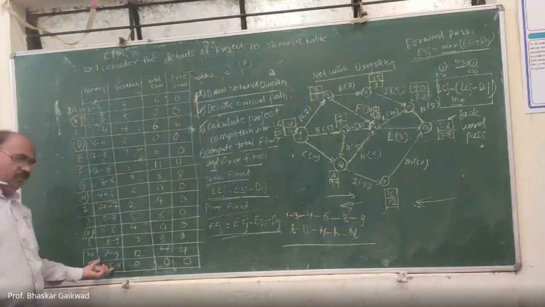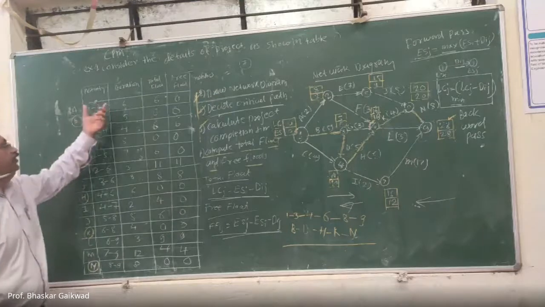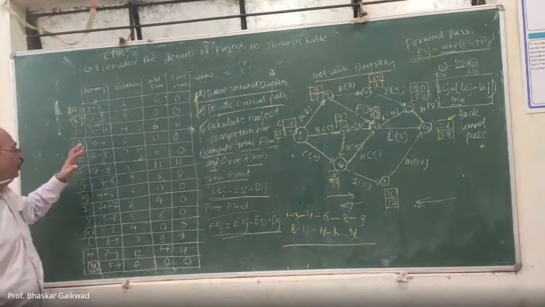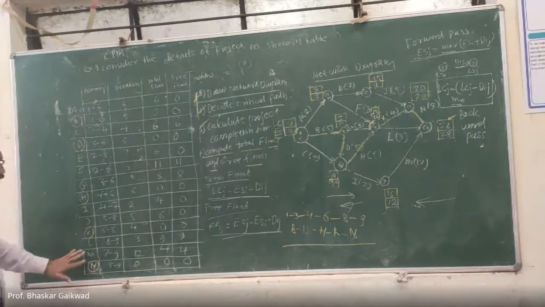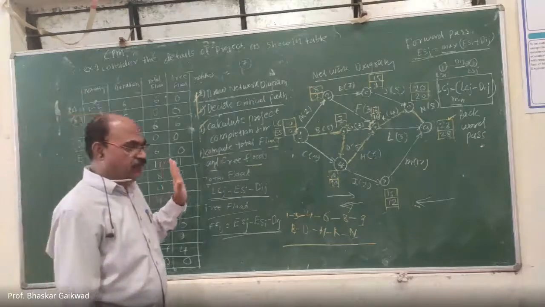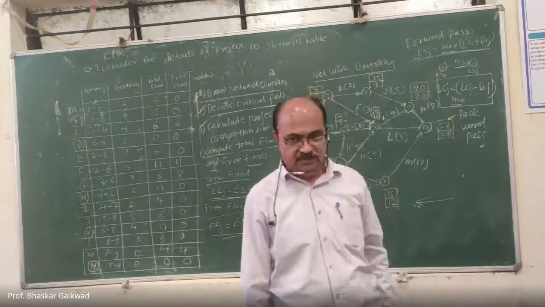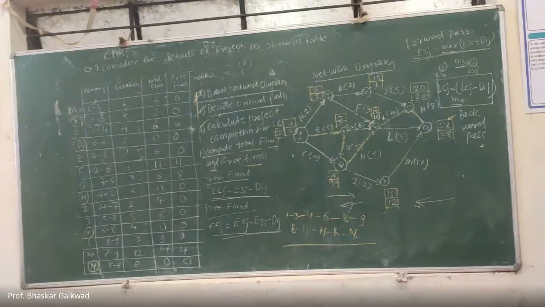You have to concentrate only on these activities so that there is no problem in the total time required to complete the project. So this is about the problems related to CPM, critical path method.